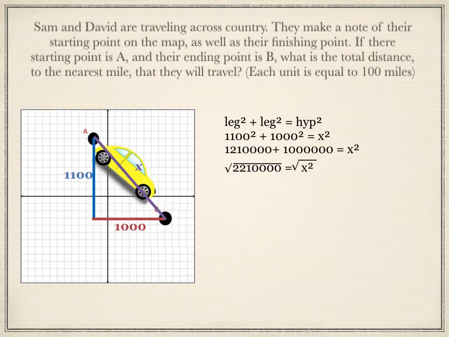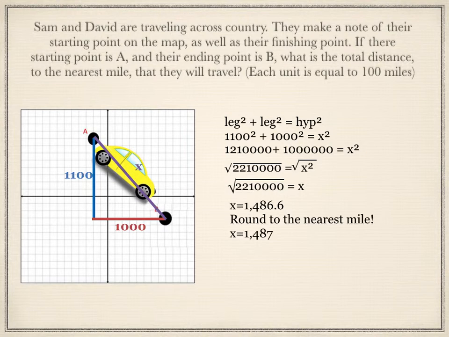We take the square root of both sides, and we get x is equal to the square root of 2,210,000. For this, we're going to use a calculator. And we get x is equal to 1,486 and 6/10. But remember, it said to round to the nearest mile. Because 6/10 is greater than 5/10, we round up. So we get 1,487.